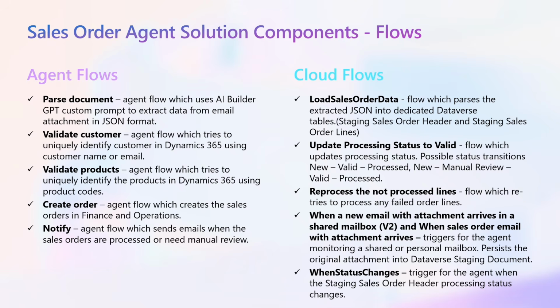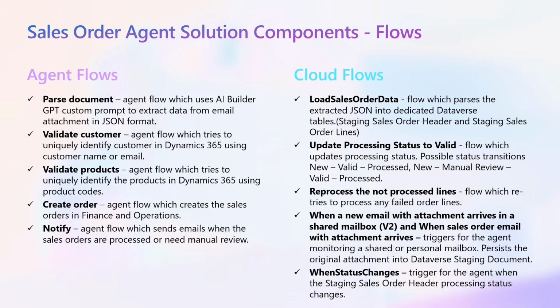The next cloud flows complete the automation solution. Starting with load sales order data is a cloud flow that parses the output JSON that resulted from the original attachment, and it will create sales order header and sales order line staging rows in Dataverse.